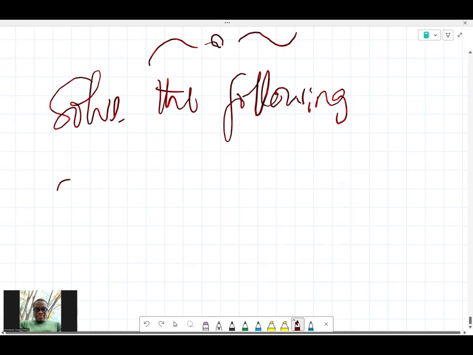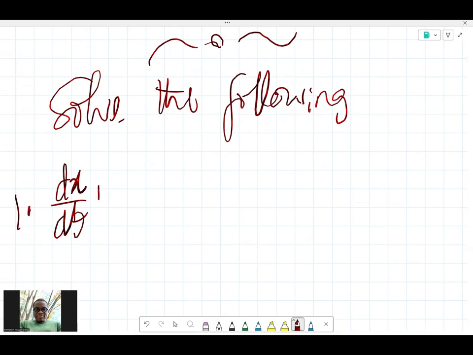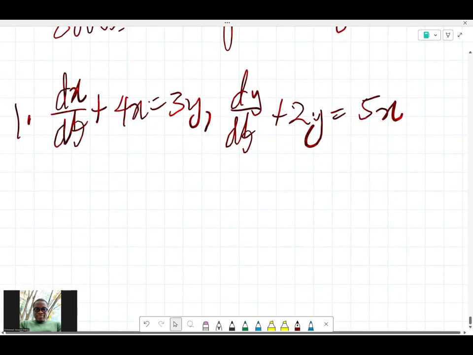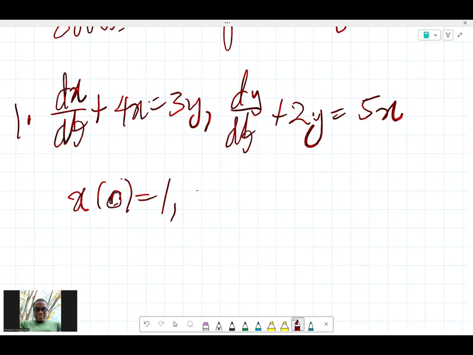Number one: dx/dt plus 4x equals 3y, then dy/dt plus 2y equals 5x, and x of 0 equals 1, y of 0 equals 0.